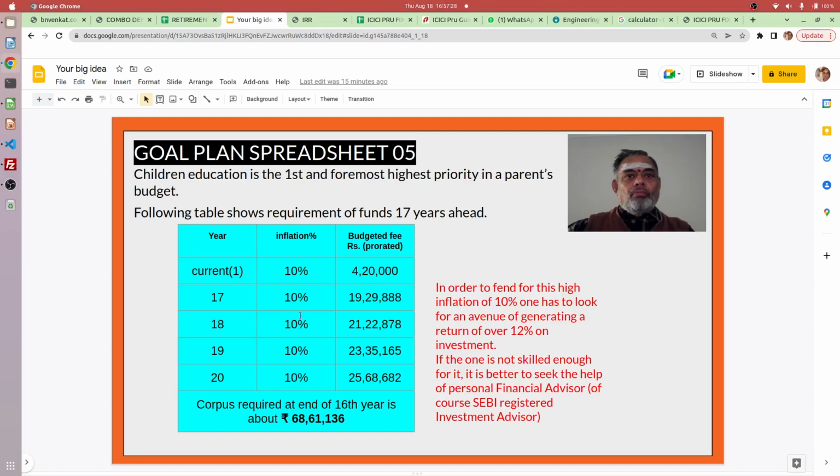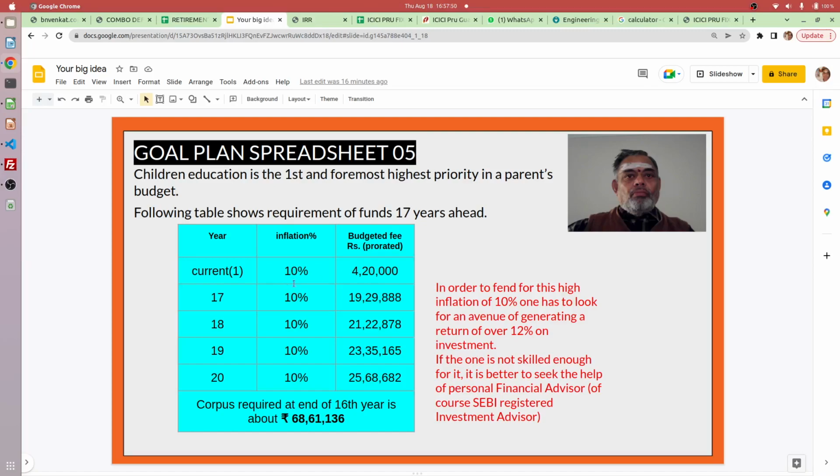This is a projection, and it increases 10% during the study period of 4 years, 17 to 20 years of the child. The corpus required at the end of the 16th year is about 68.61 lakhs.